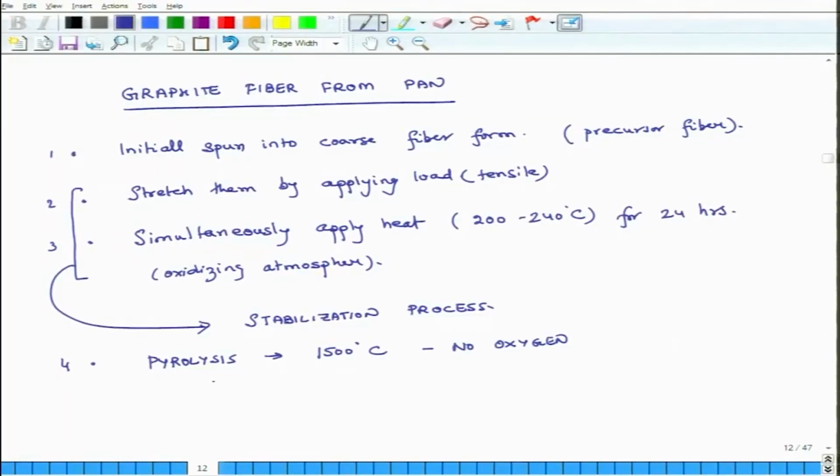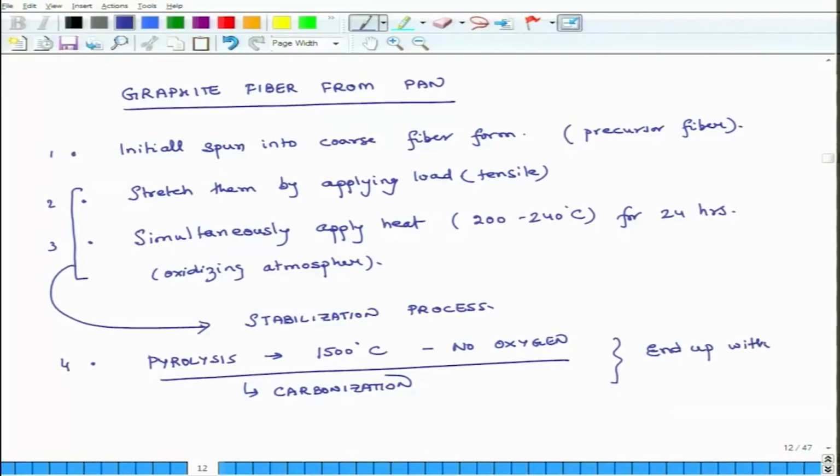So, this process is called carbonization. In this process you end up with mostly carbon atoms.